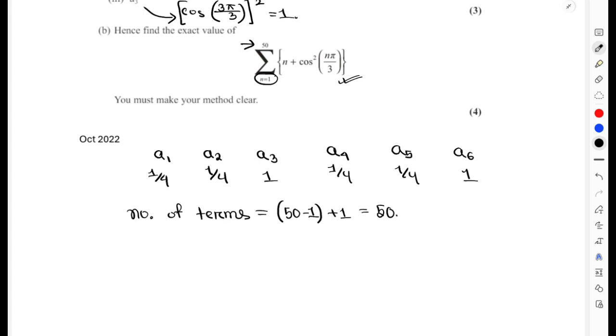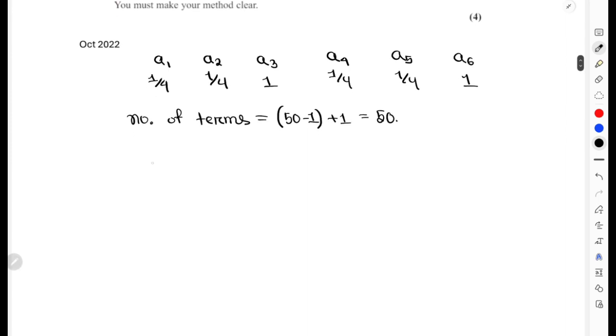I can consider that value as n, so that will be 2a plus. Yeah, this is how they are actually going to calculate this.